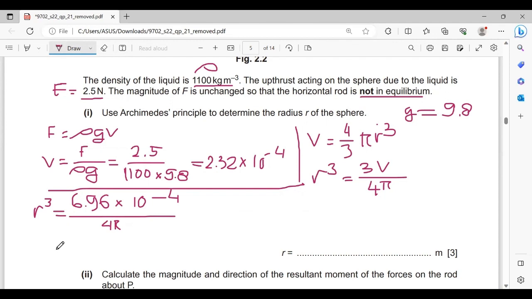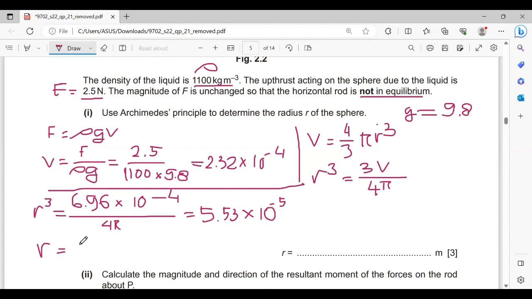Let's calculate using the calculator. It becomes 5.53 times 10 to the power negative 5. It means R equals that to the power 1/3.